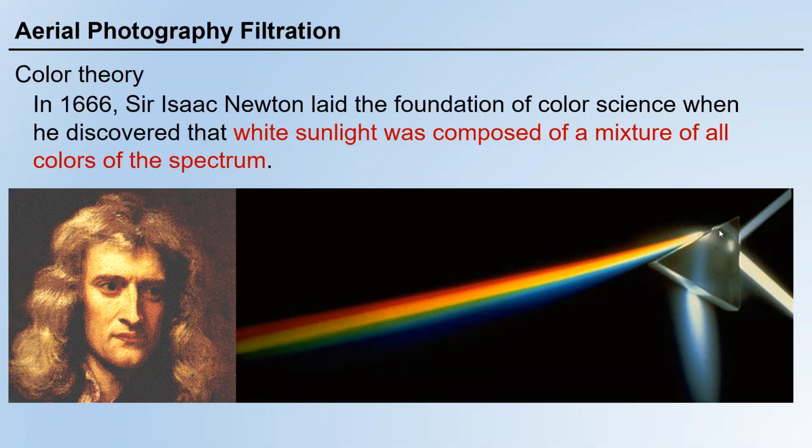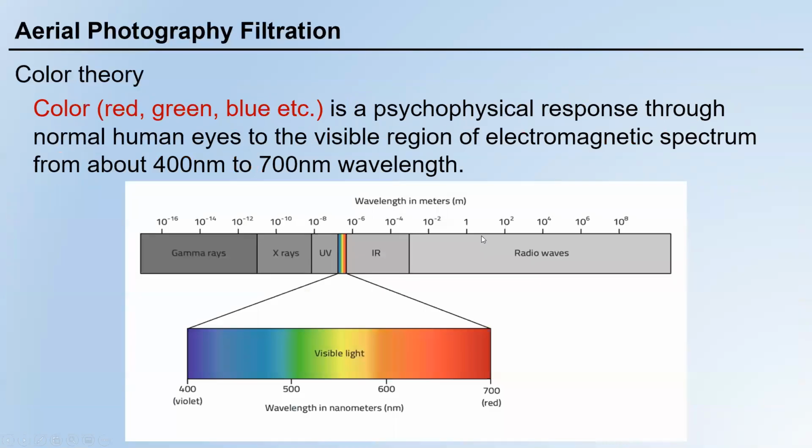So he used this prism to divide the white sunlight into different colors, or you can say different types of light with different colors. So that's the very foundation of color theory. And this finding of Newton indicates that white color is a combination of light of all colors.